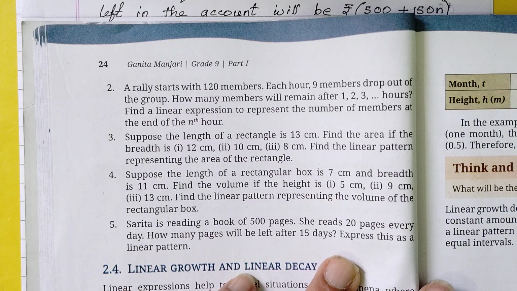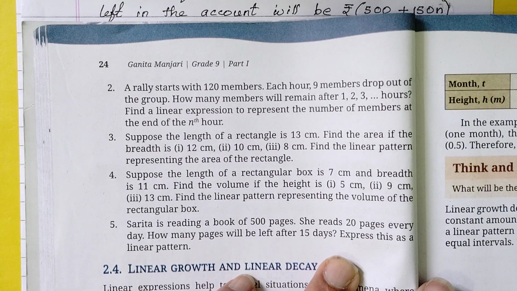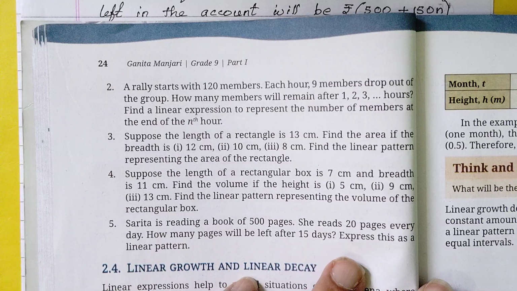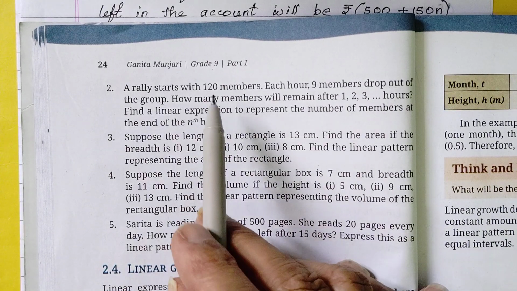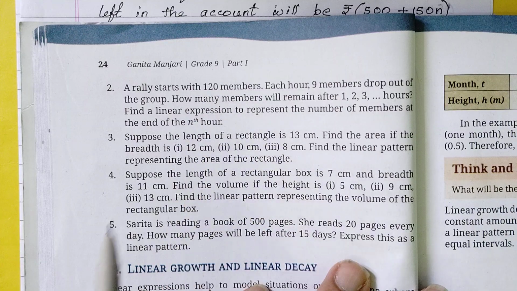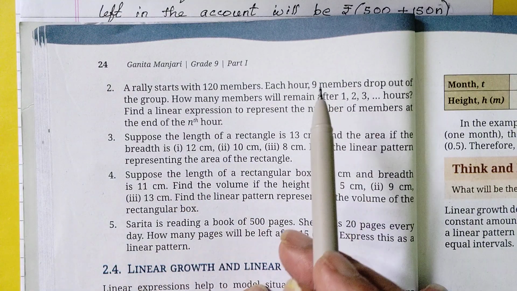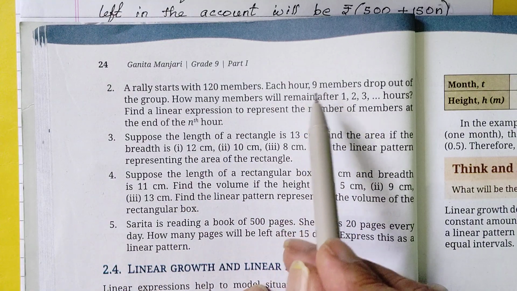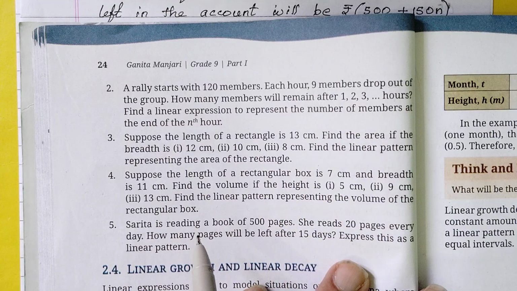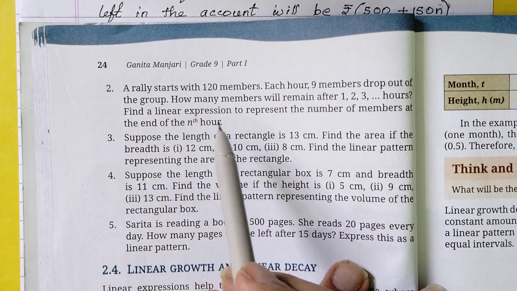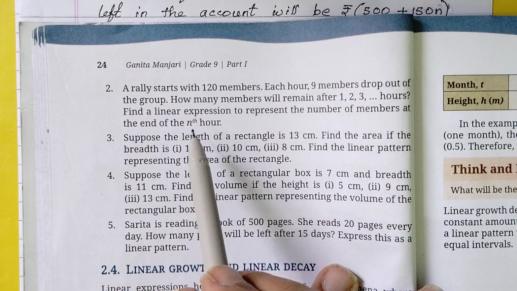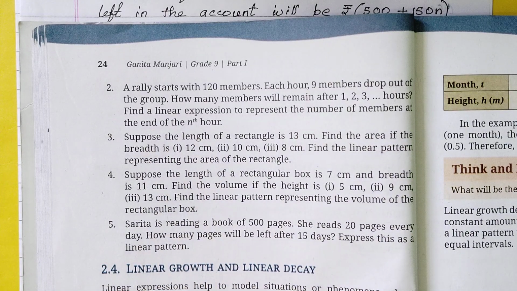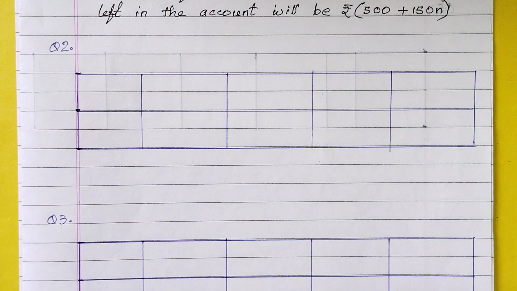Find a linear expression to represent the number of members at the end of the nth hour. So here the rally starts with 120 members, and after each hour 9 members will drop off. We have to find a linear expression to represent the number of members at the end of the nth hour.